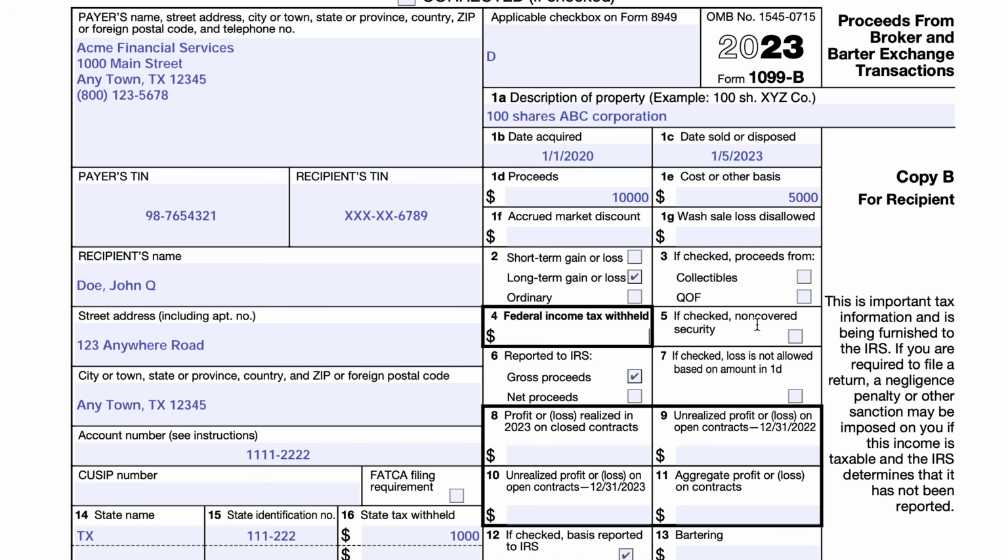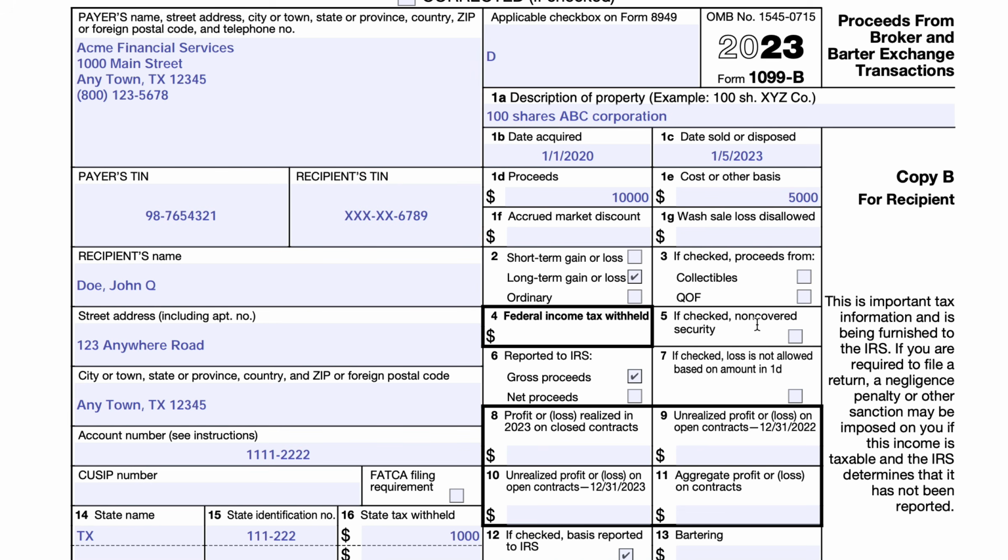Box 5, if this is checked, then that means this is a non-covered security. So really quickly, a non-covered security has different reporting requirements, or the institution reporting on it has different reporting requirements. So a non-covered security includes any of the following. A, stock that was purchased before 2011.